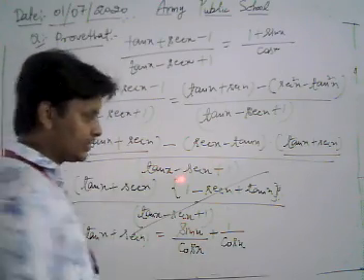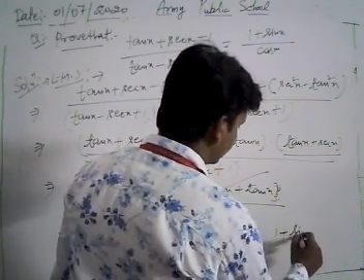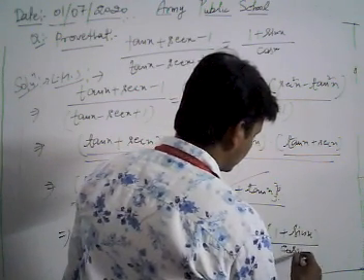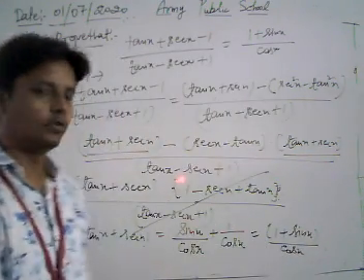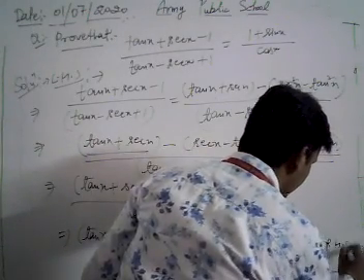If we take the LCM cos x, then we get (1 + sin x) upon cos x. Hence that is the RHS, hence proved.